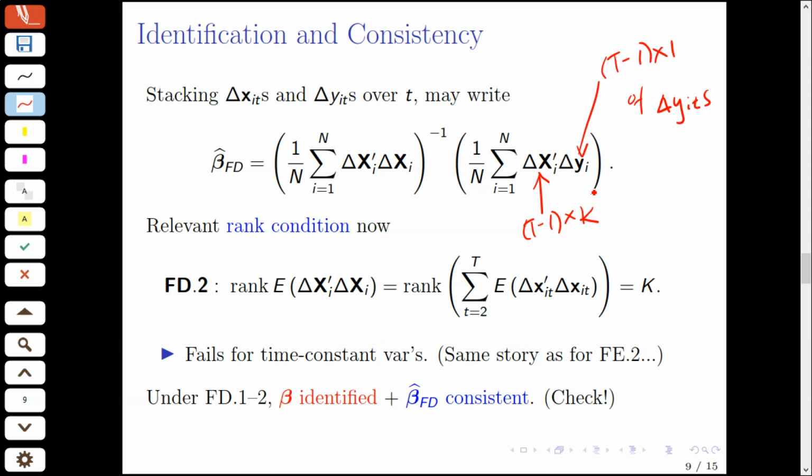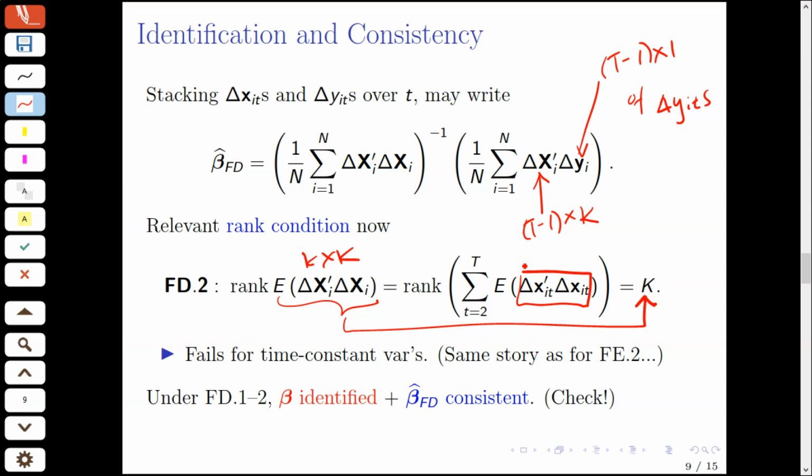However, from inspection of this formula and from arguments that run completely in parallel to the cross-sectional case, we may deduce that the relevant rank condition for first differencing is to assume that the expected product of the first differenced regressors, as I'm writing here in braces, which is a K by K matrix, should have full rank, which means that it should have rank equal to K. Now we could expand on the product of these first difference regressors to see that it constitutes a sum of the outer product of period-specific first difference regressors.